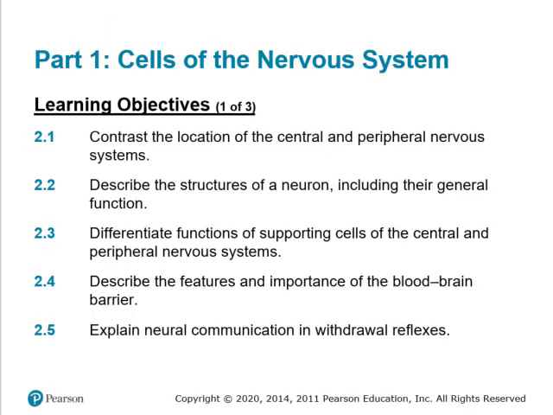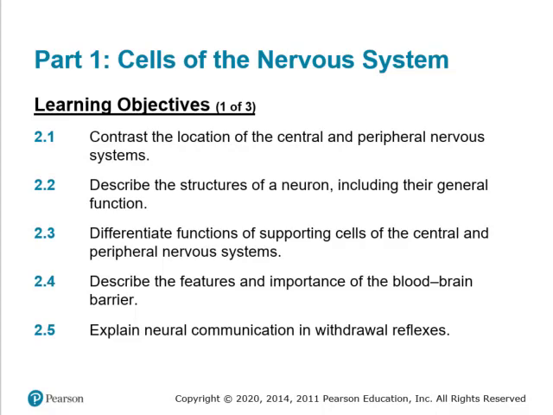In this lecture, which will be divided into 3 parts, we're going to talk initially about Learning Objectives 2.1 to 2.5 from your textbook, basically getting our sense or wrapping our heads around the central nervous system, the peripheral nervous system, how neurons and glial cells fit into those two parts of the nervous system.